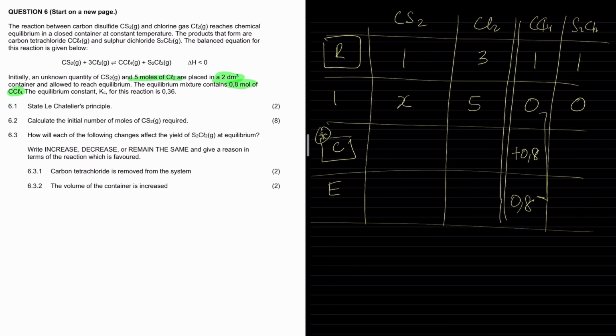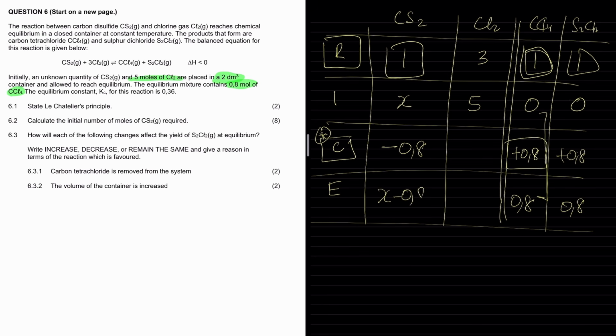So in other words, since the ratio here is 1 to 1, if this increased by 0.8, this is also going to increase by 0.8. So that means 0 plus 0.8 is 0.8. Now, since the ratio here is 1 to 1 as well, this is also going to be 0.8. But since this is a reactant, it's going to decrease by 0.8. And so I'm going to have X minus 0.8 here.